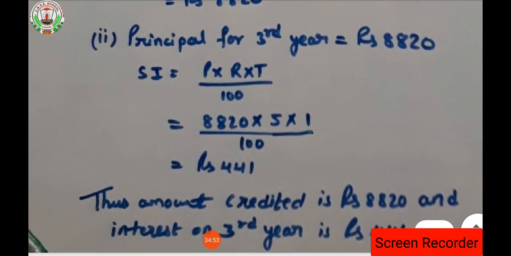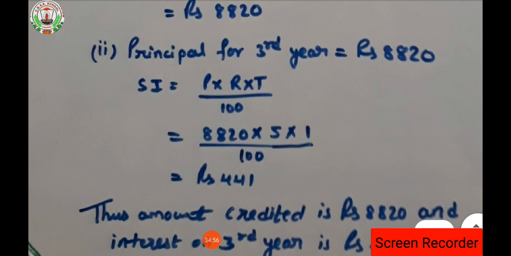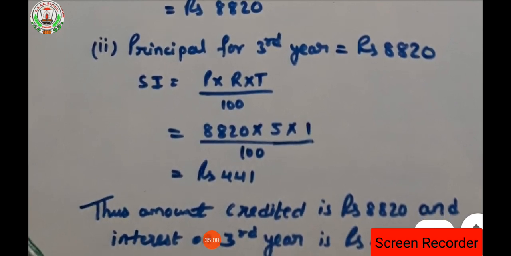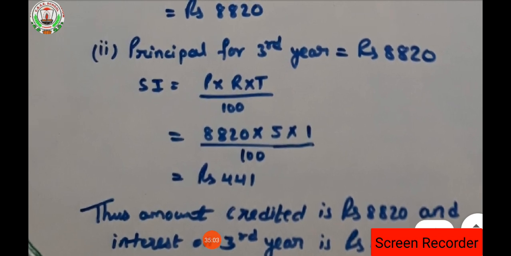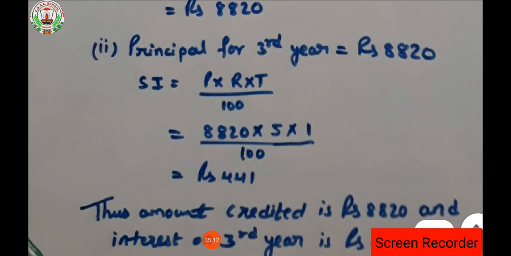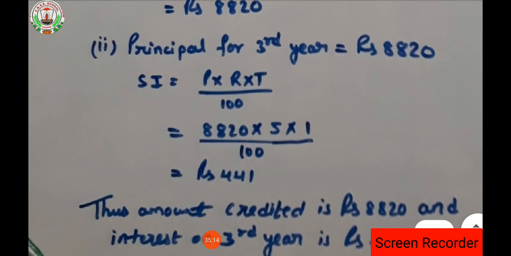So for the second part, we have to find the simple interest. For the third year, 8,820 will become the principal, since in question 7, in the second part, it is said to find the interest for the third year. So P will be 8,820.